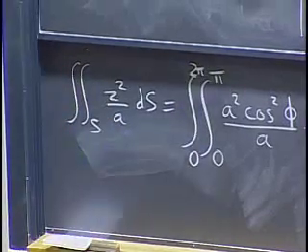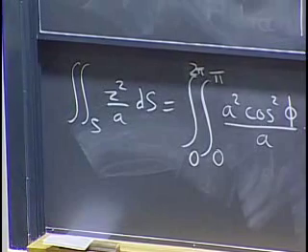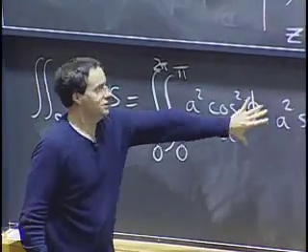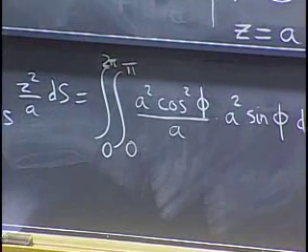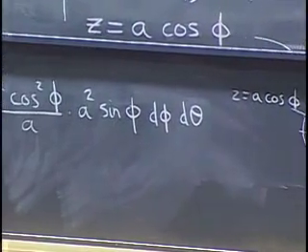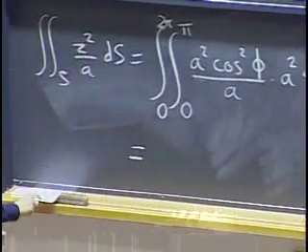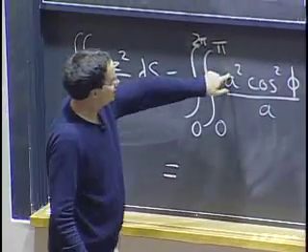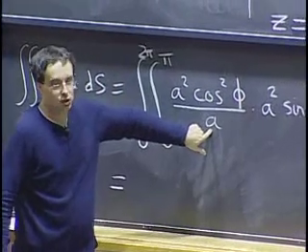And of course, I can get rid of some a's in there and take them out. So let's look at what number we get. First of all, we can take out all those a's. We get an a cubed.